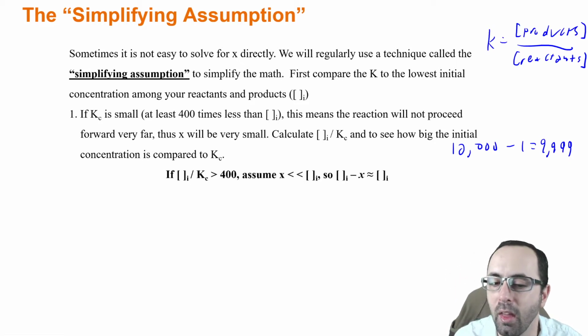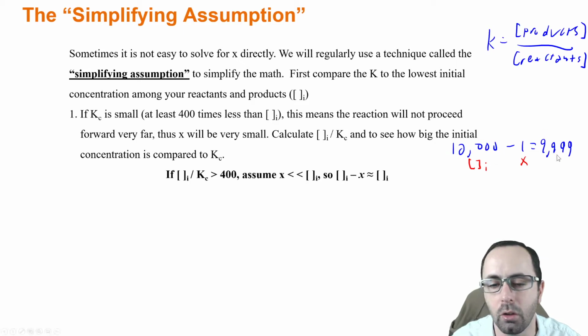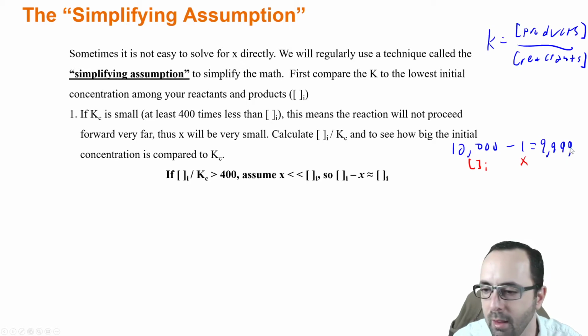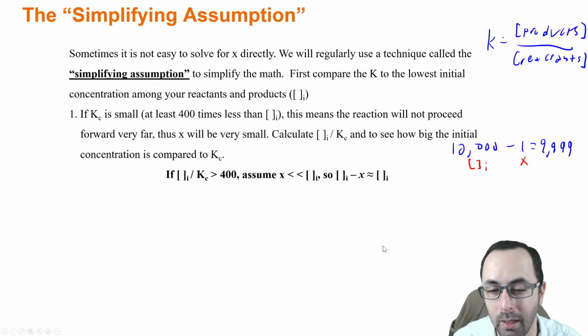So we're hoping that if this is our X, it's small compared to our initial concentration, so that when we subtract the X or the 2X, it's such a small thing that essentially our initial concentration remains unchanged. So this is going to introduce a small amount of error. Obviously 9,999 is not exactly the same as 10,000, but it's pretty dang close. We have a very, very small error when we assume that these are the same number. And so we're going to accept that error because it will make our math easier in many cases.